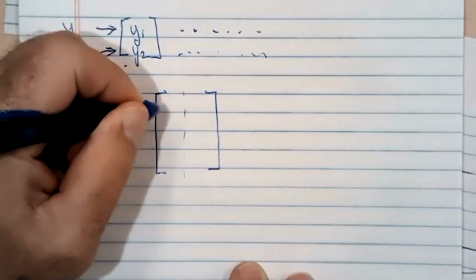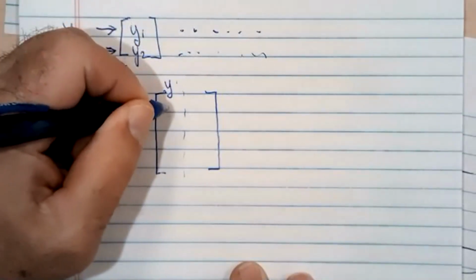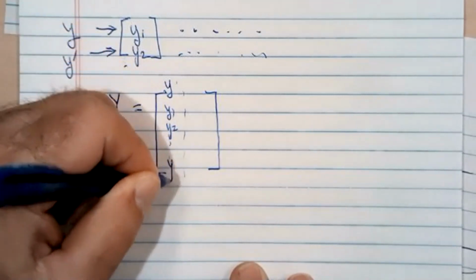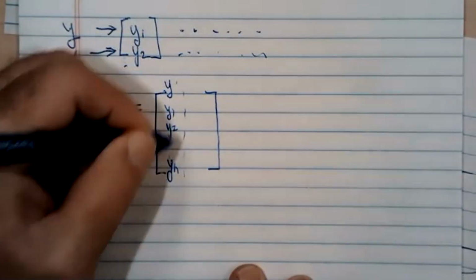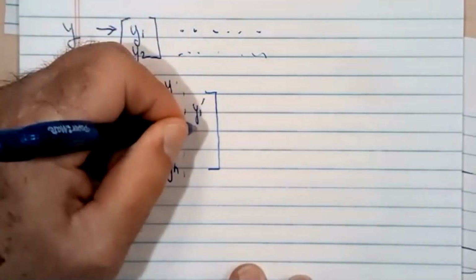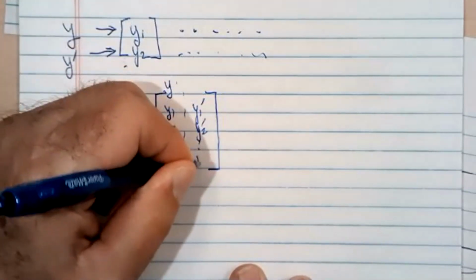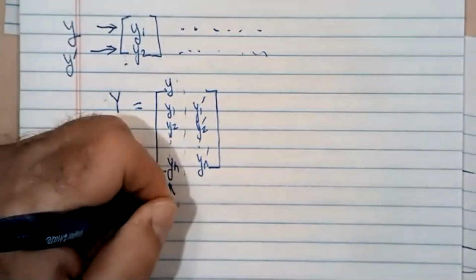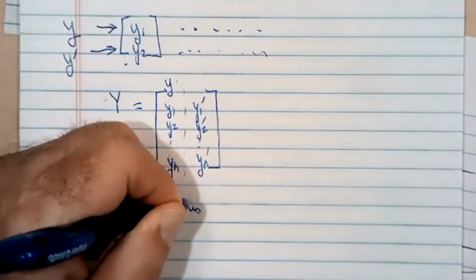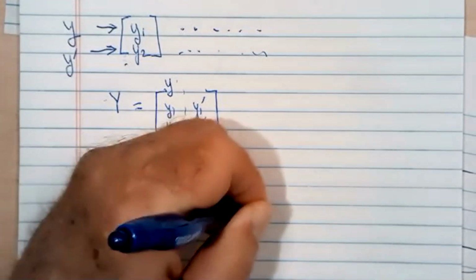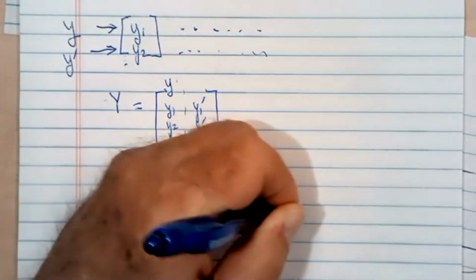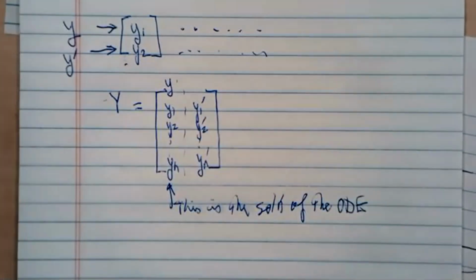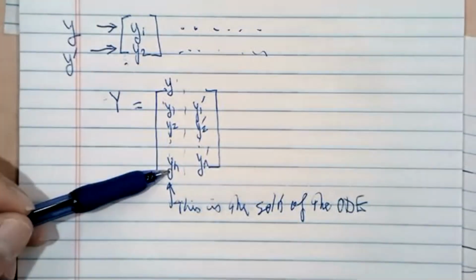You're going to have Y values in the first one, and you'll have Y prime values in the second one. Usually, you only care about that. So the solution to the ODE is going to be in that first column.